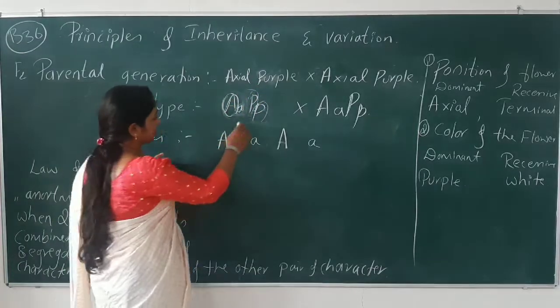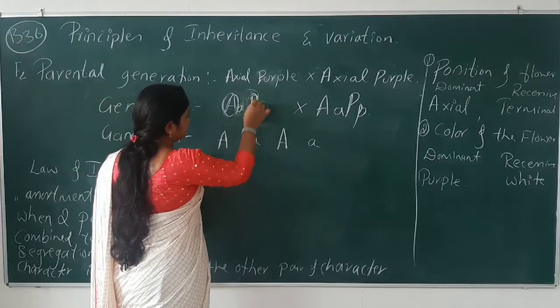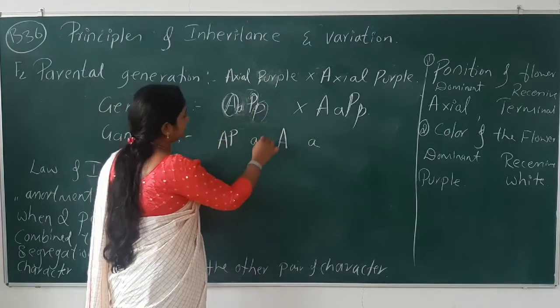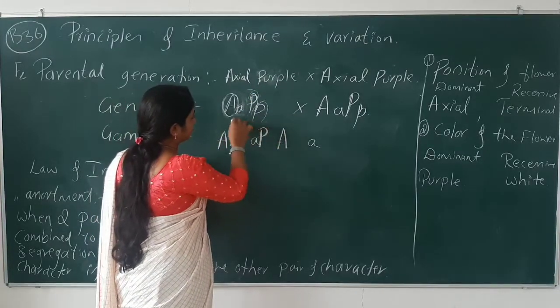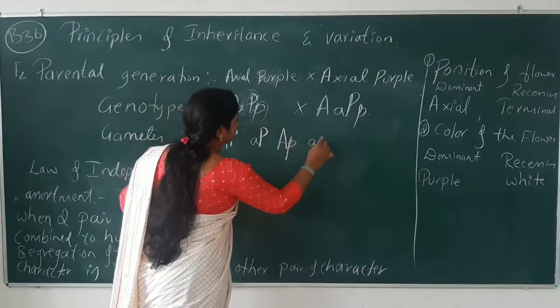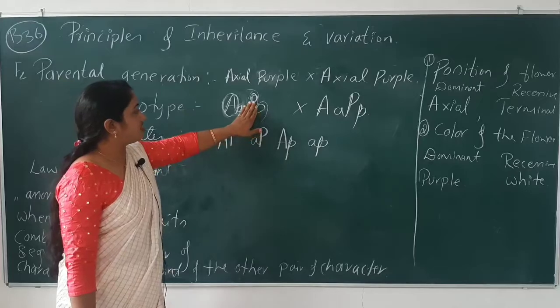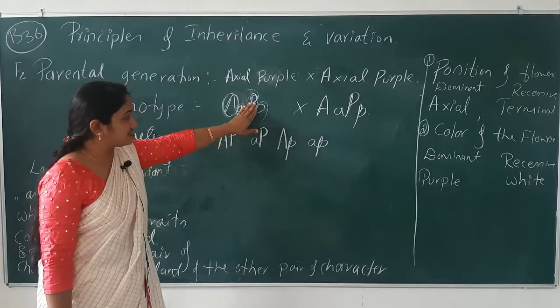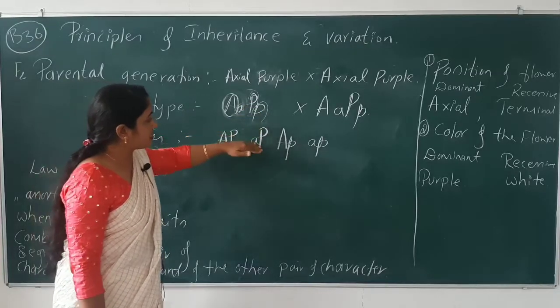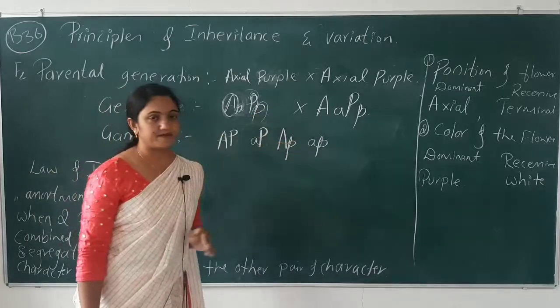How will it take? Just write capital P here and one more capital P, small p, small p. So this is how the dominant gene gets segregated to the gametes.